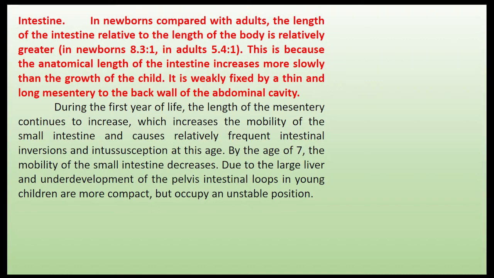By the age of 7, the mobility of the small intestine decreases due to the large liver and development of the pelvis. Intestinal loops in young children are more compact but occupy an unstable position.